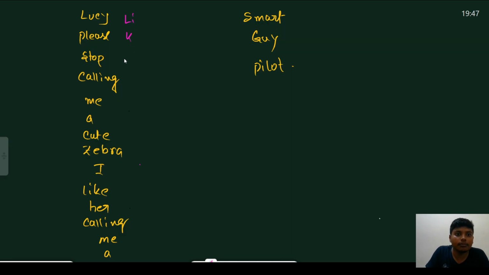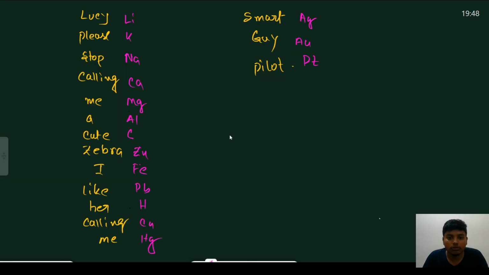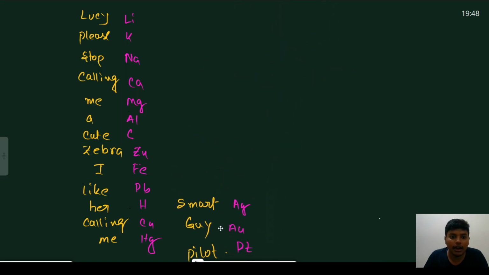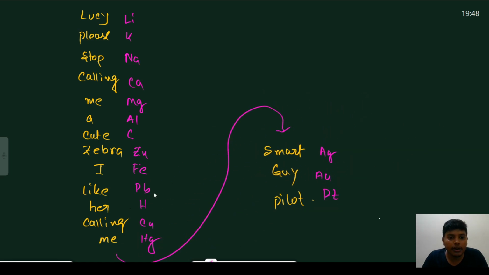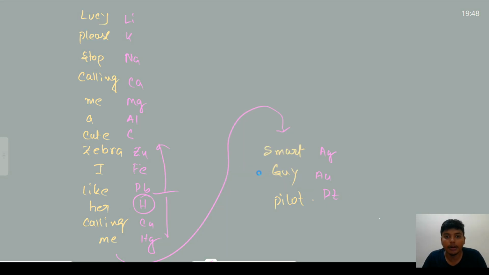Lithium, potassium, sodium, calcium, magnesium, aluminum, carbon, zinc, iron, lead, hydrogen, copper, mercury, silver, gold, platinum. If any metal is upside, you get hydrogen gas; if downside of hydrogen, that metal will deposit. Clear? Remember this, very important.